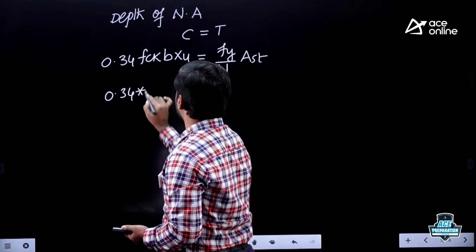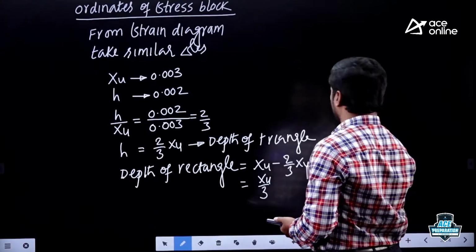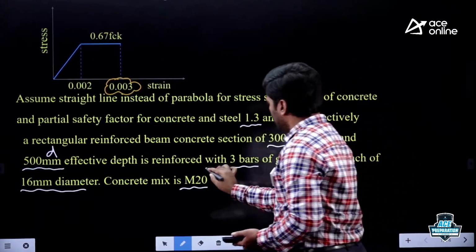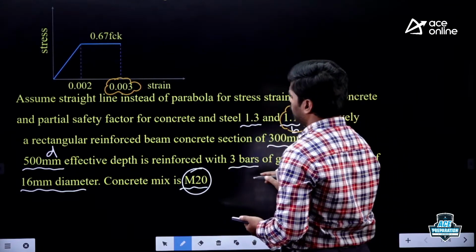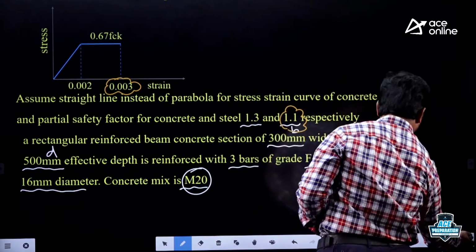0.34 into FCK. The concrete grade given in the question is M20. So, FCK value will be 20. What is the width of the beam given? Width of the beam given is 300 mm.